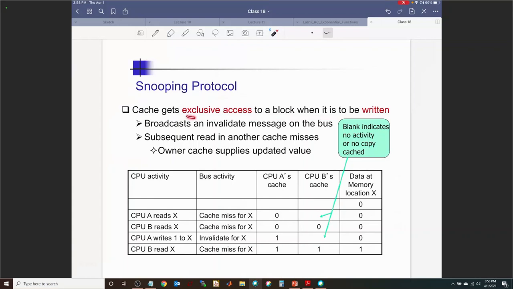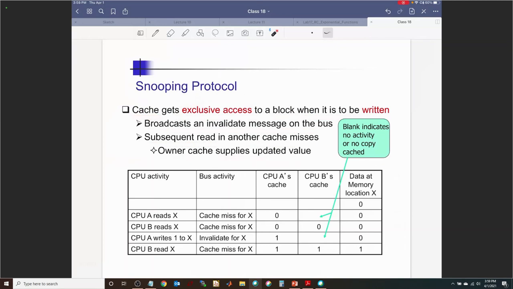And then because you're writing to it, you broadcast an invalidate message on the bus so that everybody else knows that some processor wrote to this memory location. Then on a subsequent read miss by any other cache, the owner, which means the cache that originally wanted to write, is going to take ownership and supply the updated value.